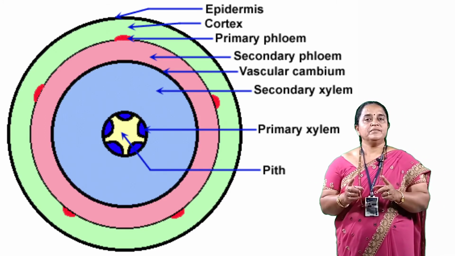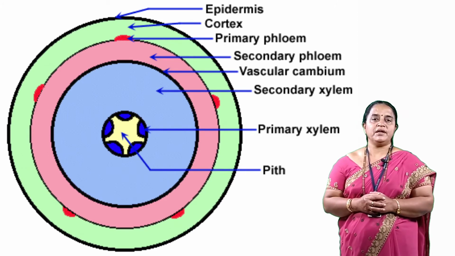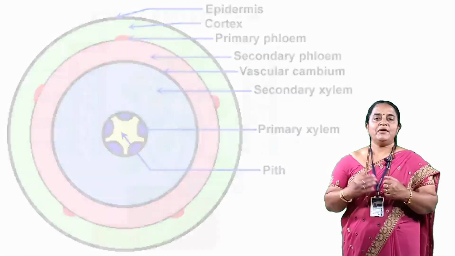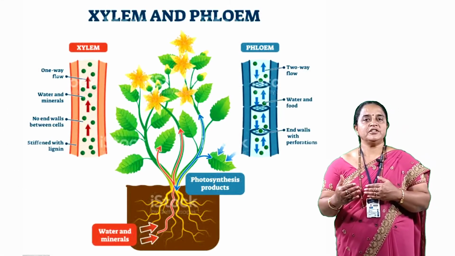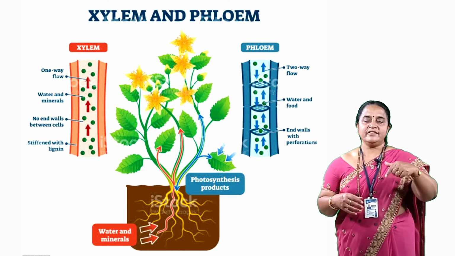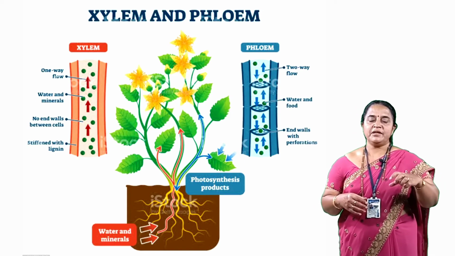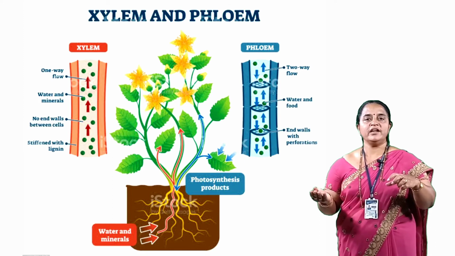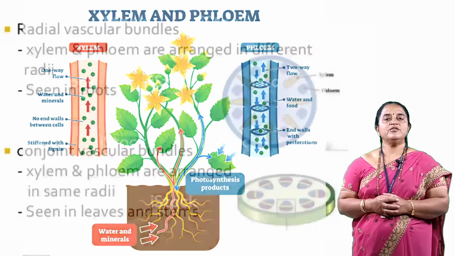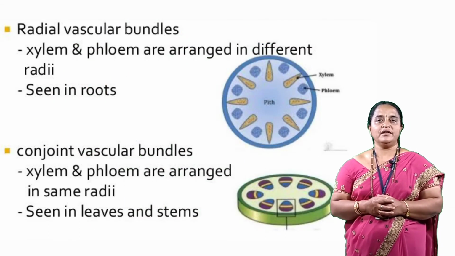Xylem and phloem represent vascular bundles. If xylem and phloem are separated from each other, arranged in the form of rings, it is the arrangement found in the roots of monocots and dicots. This arrangement is known as radial vascular bundles.